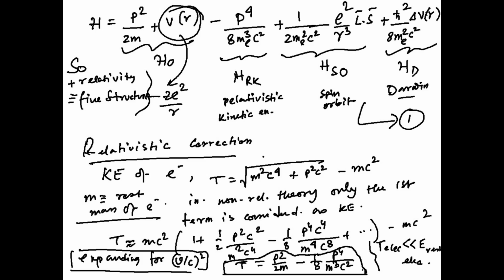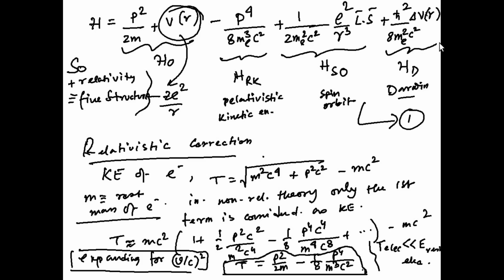Now there are the relativistic correction terms. The first is given by H_RK, which comes from the relativistic kinetic term. The spin orbit coupling, H_SO, comes from the fact that in the rest frame of the electron, the nucleus or proton is a moving source of electric field, so it produces a magnetic field by relativistic effect, and that magnetic field interacts with the spin of the electron, which is termed spin orbit coupling.